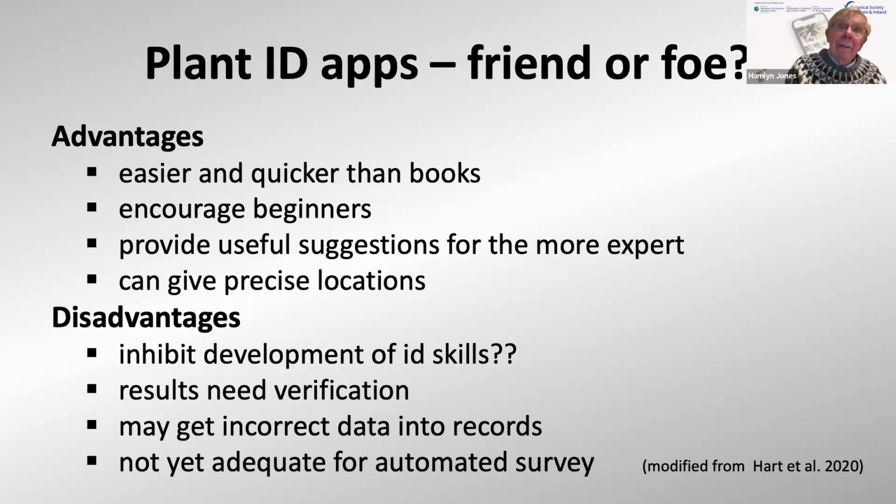The results that they produce need verification. And really, critically, it does lead, and it is currently leading, I suspect, to getting significant incorrect data into records. And their accuracy is not yet adequate, I don't think, for automated survey data, though such things have been tried.